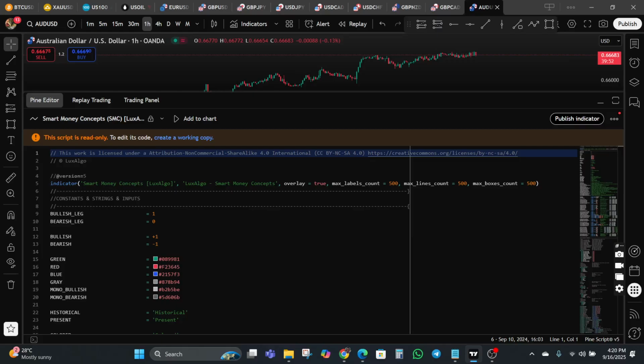Another important step is backtesting. All right, backtesting is a very important step.